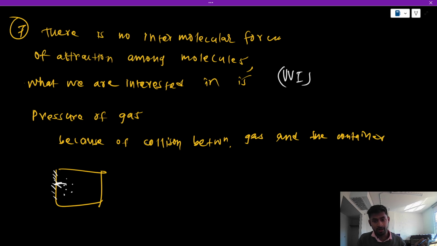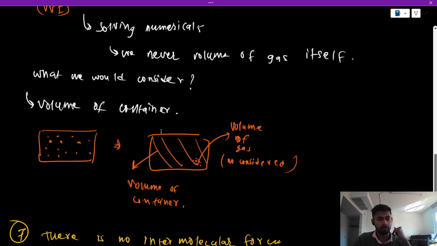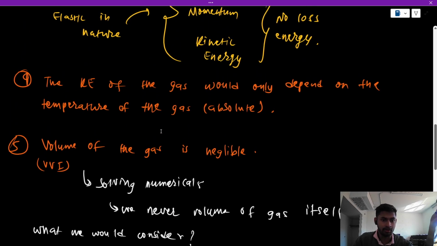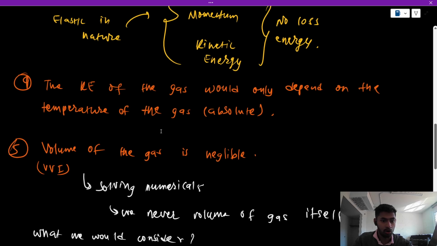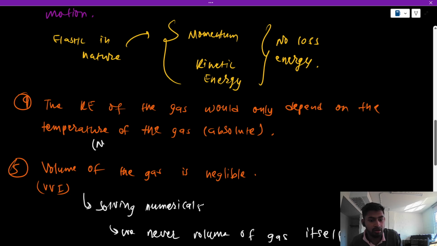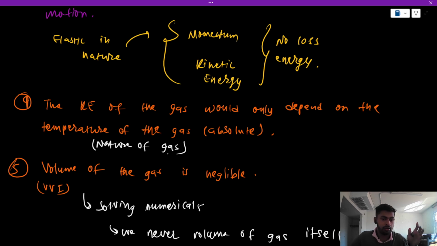Although in a real scenario both of those things have to be taken into consideration, when we start considering intermolecular forces of attraction between molecules, then we have to consider that volume of gas is not negligible, and the kinetic energy of gases would not only depend on temperature, it would also depend on nature of gas, which is not the case in the ideal gas scenario.